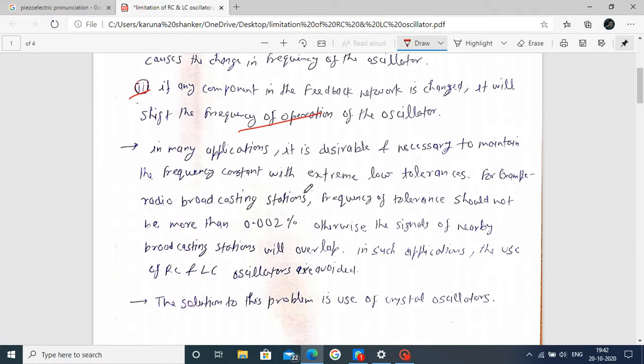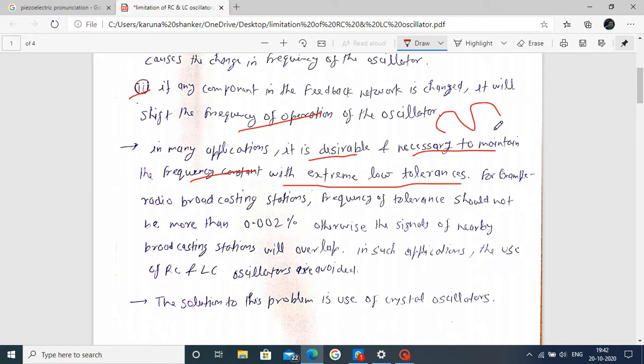Now in many applications, it is desirable, even necessary, to maintain a constant frequency with extremely low tolerance values, meaning a frequency that does not change with changing temperature or changing feedback network components. We need a constant frequency of oscillation.